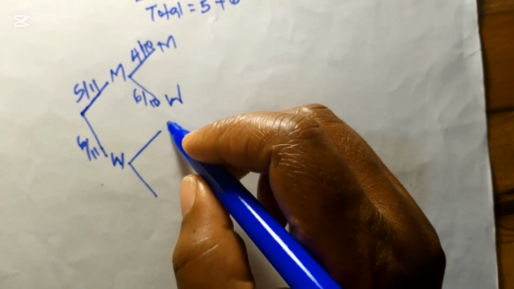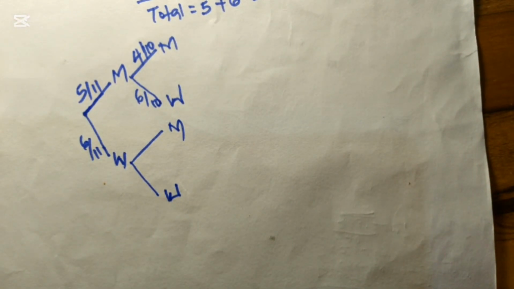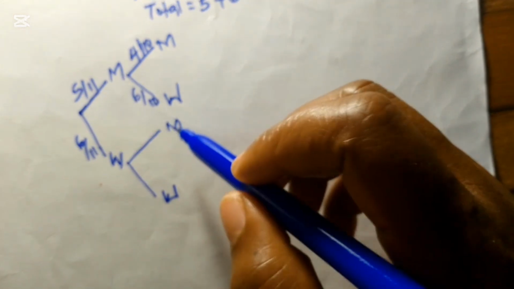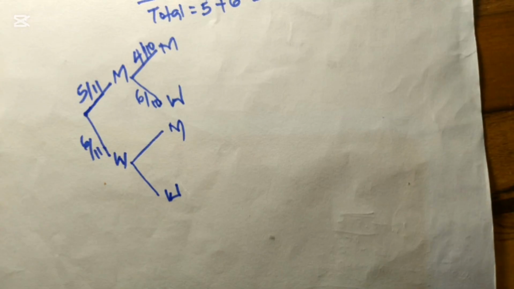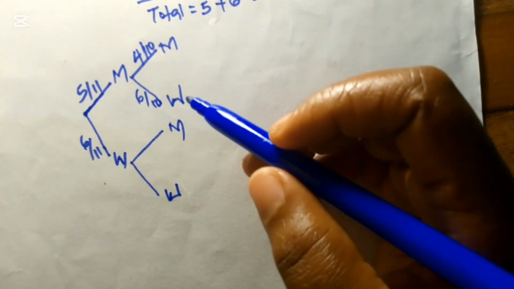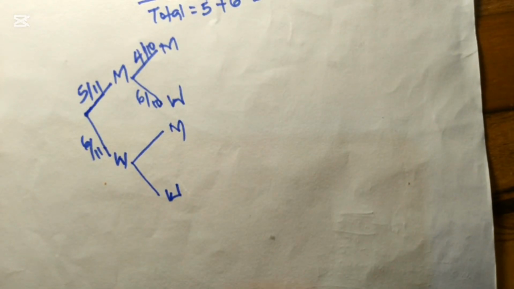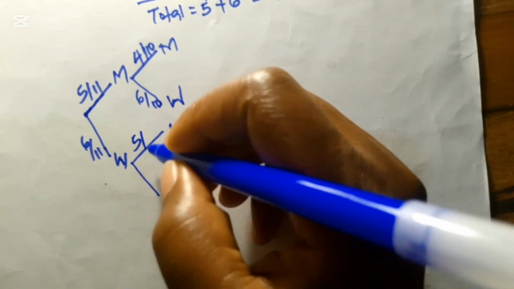Then in this case, a man and a woman. So no woman is picked. No man is picked. So men are 4. Sorry, 5 in this second case. 5 out of 10.